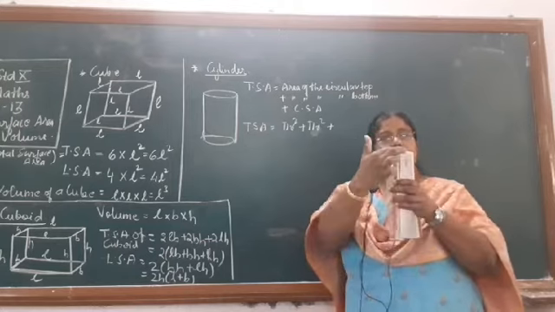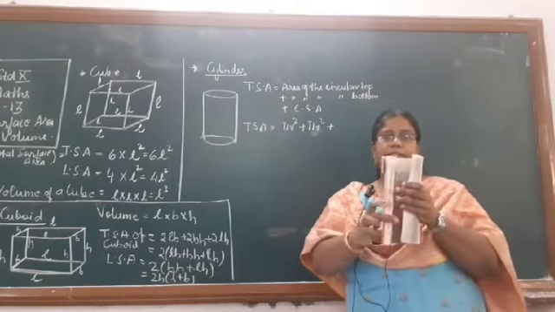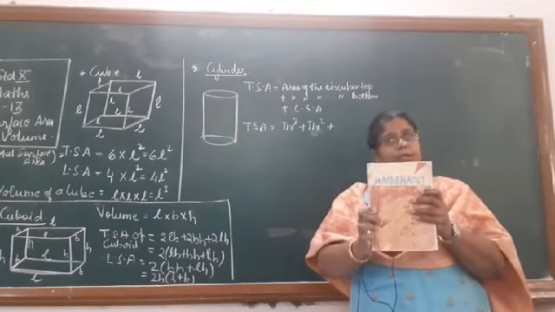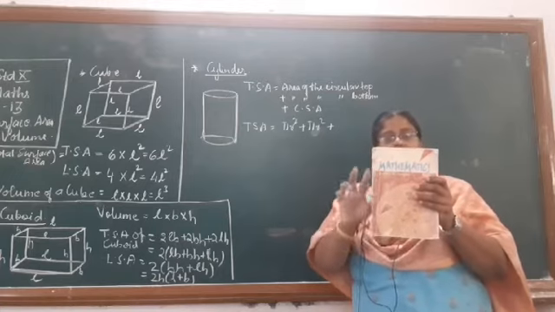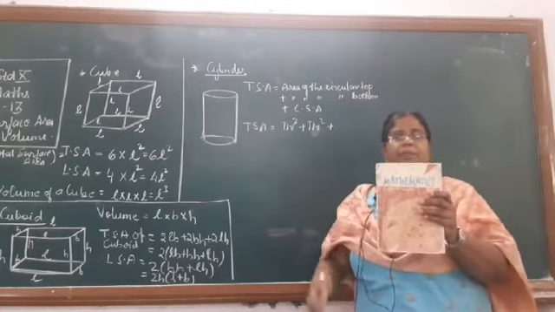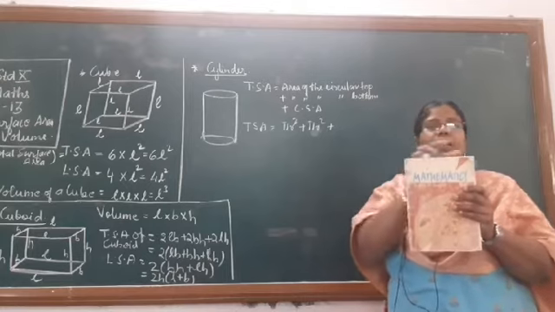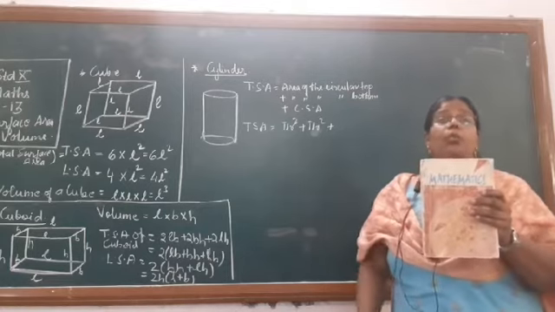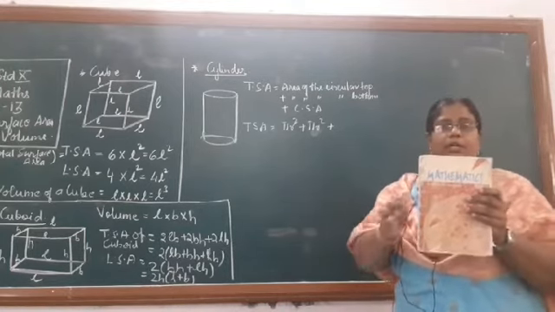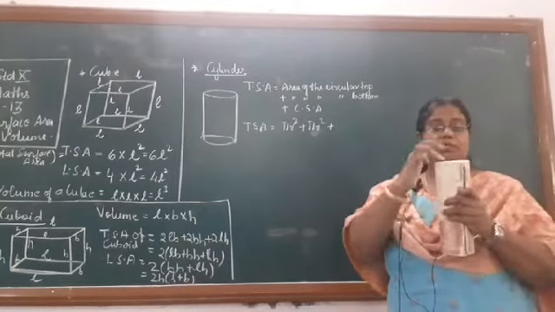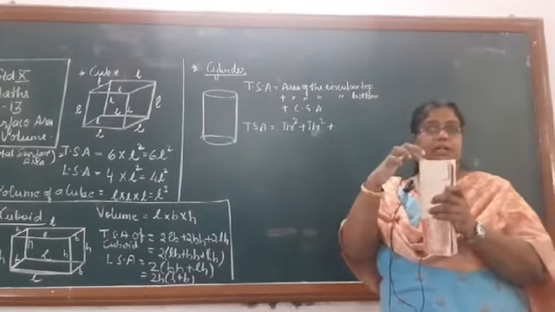If you open this circular part at this position, you will open it this way, so what do I get? I get a rectangle. And this part of the rectangle was actually a circular part. So when I say circular part, this will be the circumference.